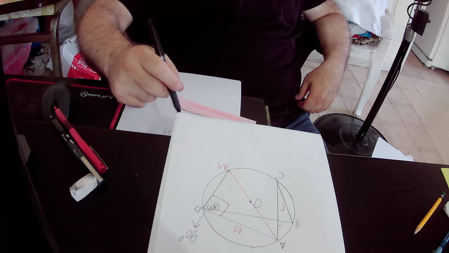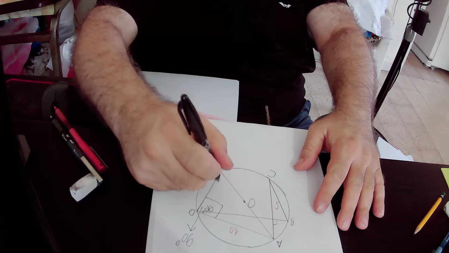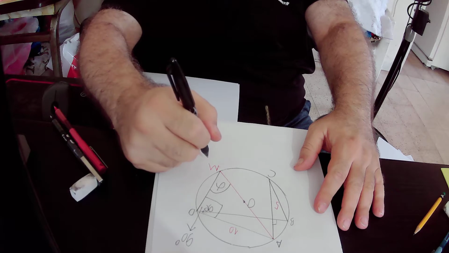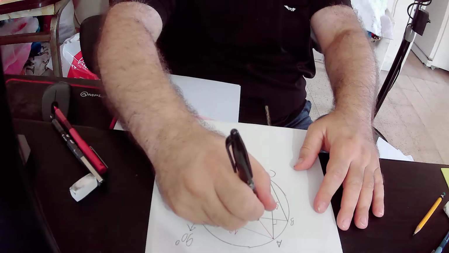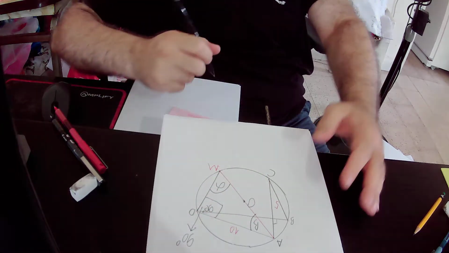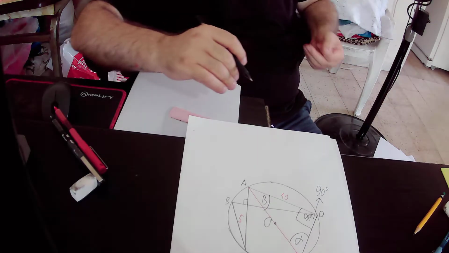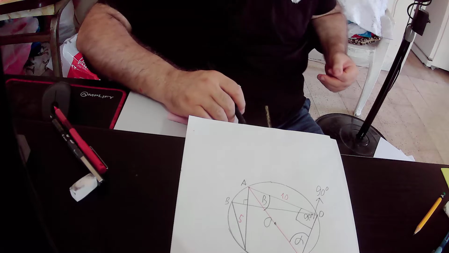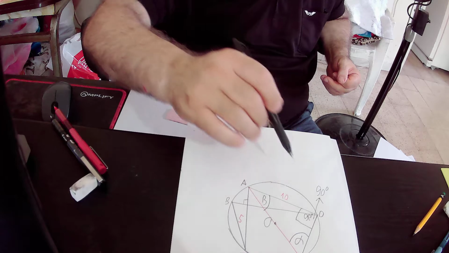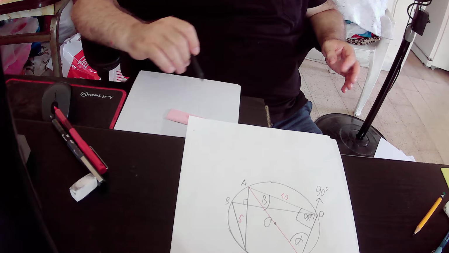So angle AMD equals alpha, and angle MAD equals beta. That is according to our definition.